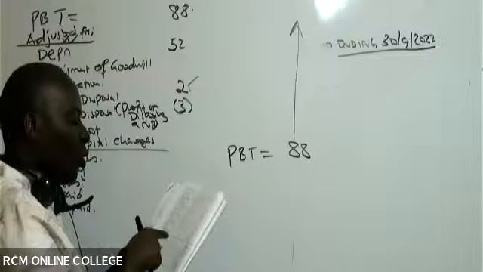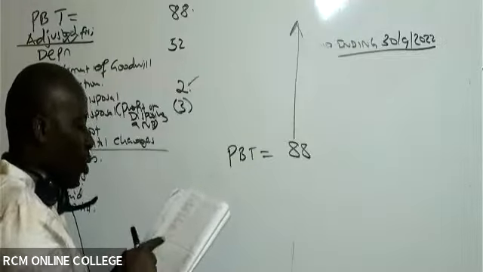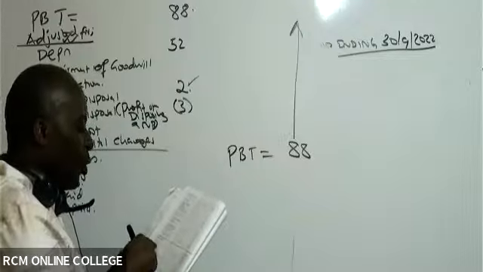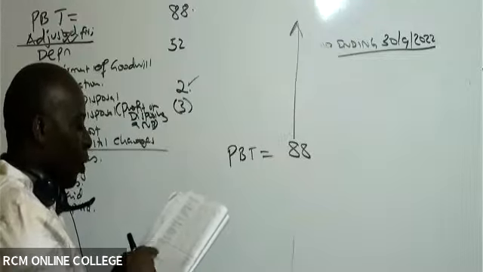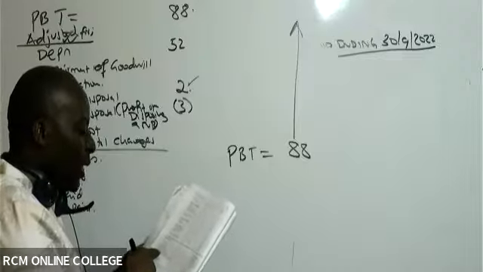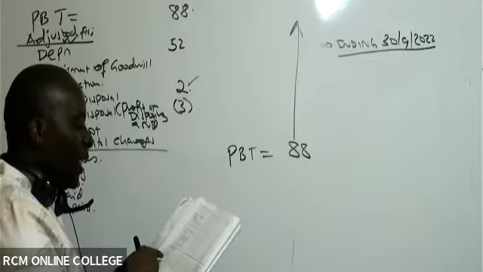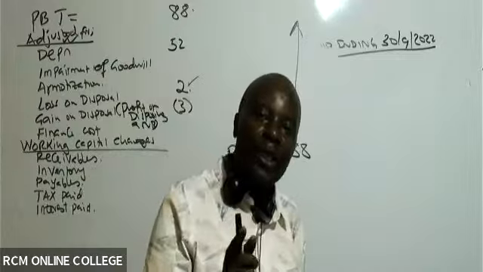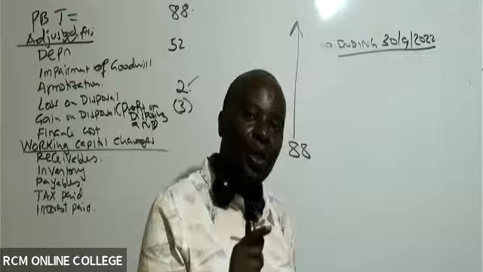Revenue is operational, that is okay. Cost of sales is operational. Gross profit, of course, that is it. Operating expenses, that is okay. Profit from operation, that's okay. Then see there, share of profit in associate. That is non-operational.